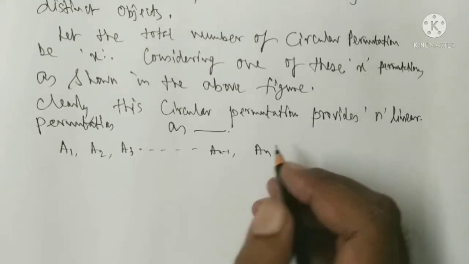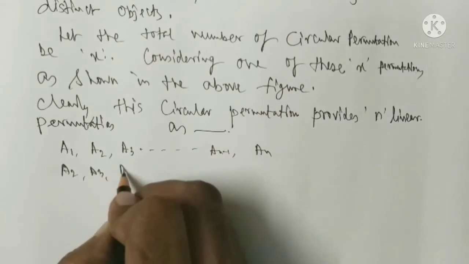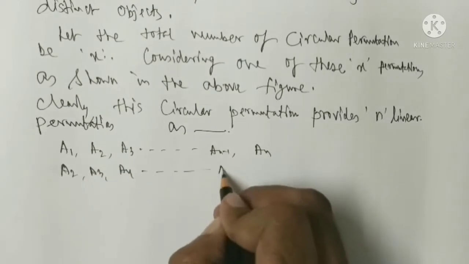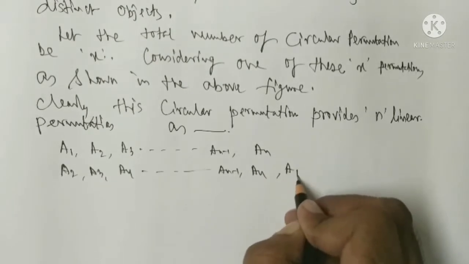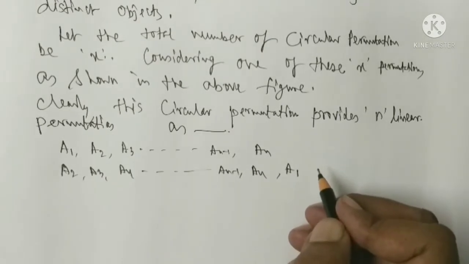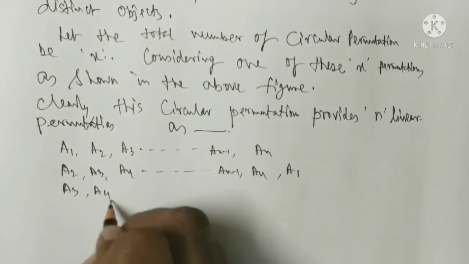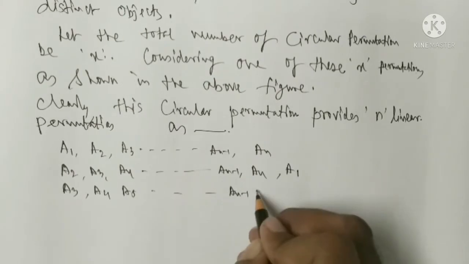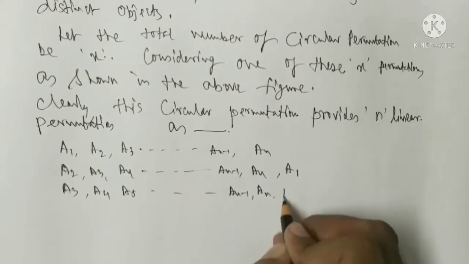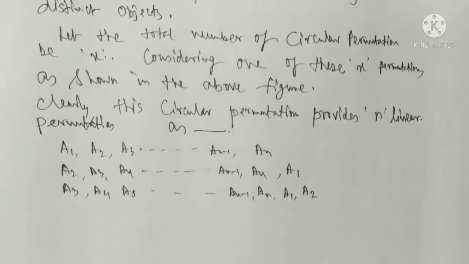But whenever we are starting from A2, then it becomes A2, A3 and so on, and the last part is A1, in circular permutation. Similarly, whenever we start from A3, A4, A5 and so on, An minus 1, An, A1, and it ends at A2 and so on.